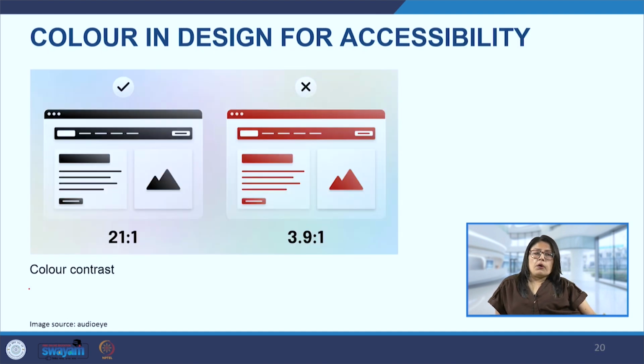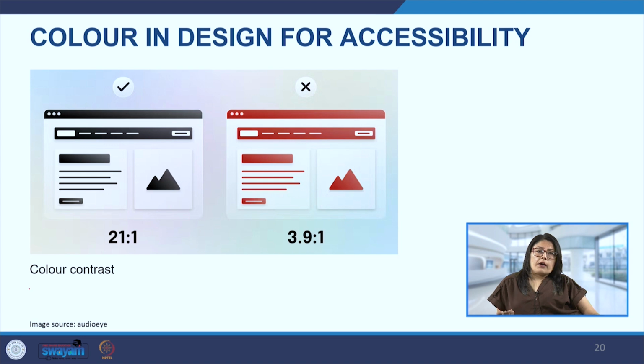When we're talking about interfaces, accessibility becomes very important, that is, how accessible it should be for a larger number of people. And for that, one important aspect is contrast. Contrast is the difference in light between a foreground element, which is for example a text or a button, and the background.